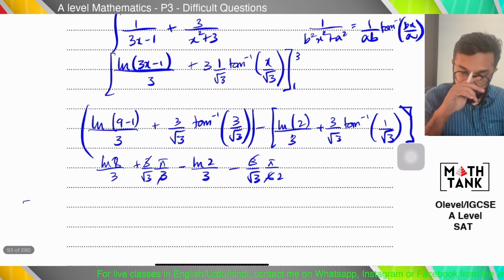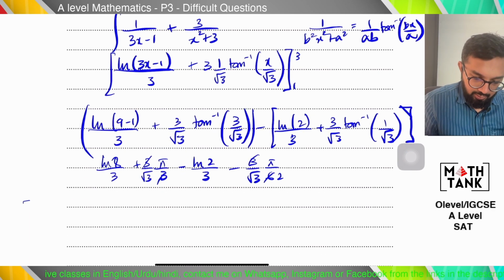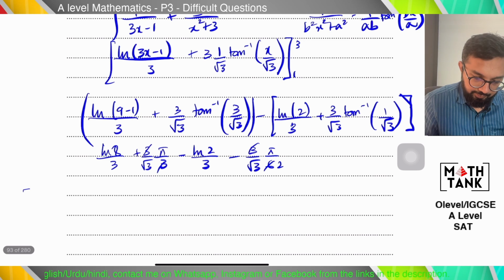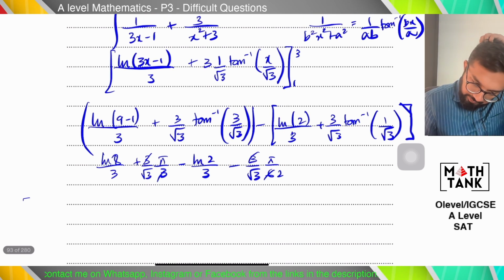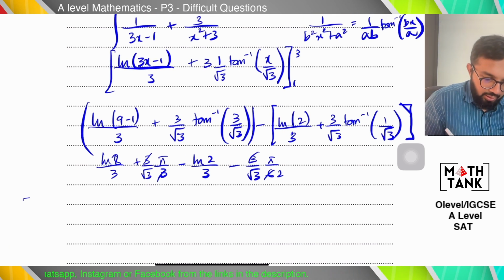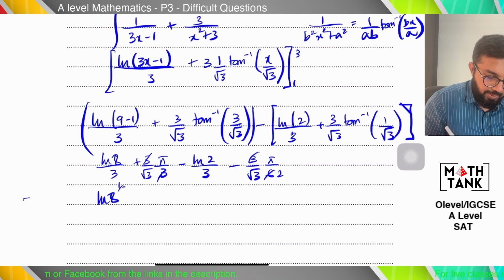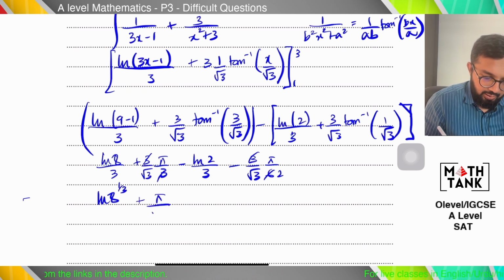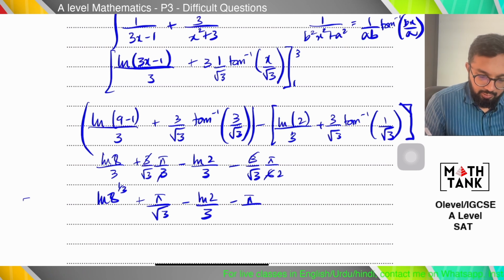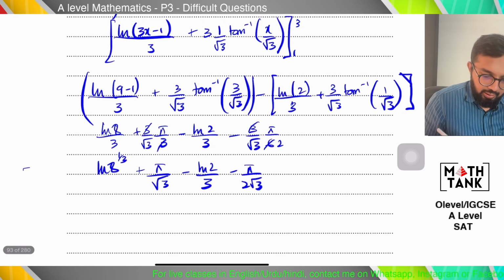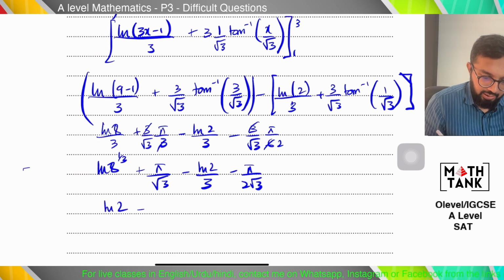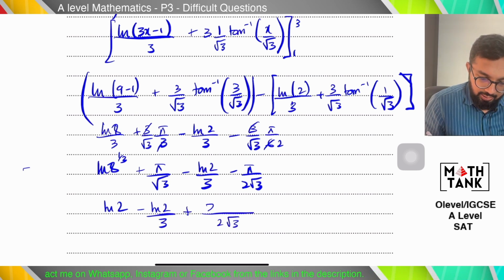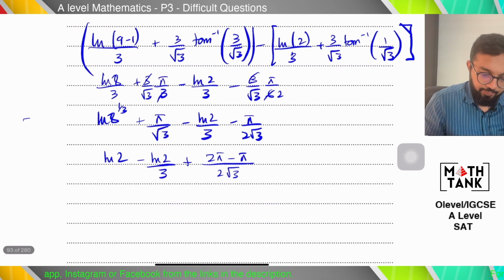Okay, if I take this 1 over 3 to the power, I get ln 2 minus ln 2 over 3 plus 2 root 3 and I get 2 pi minus pi.